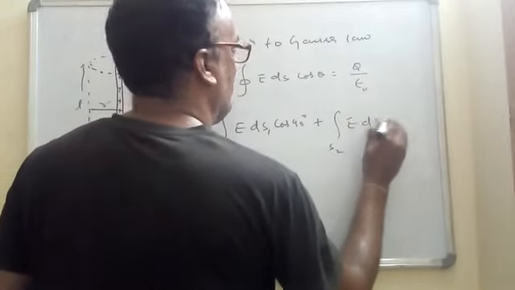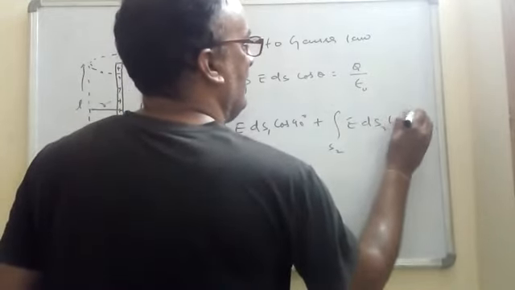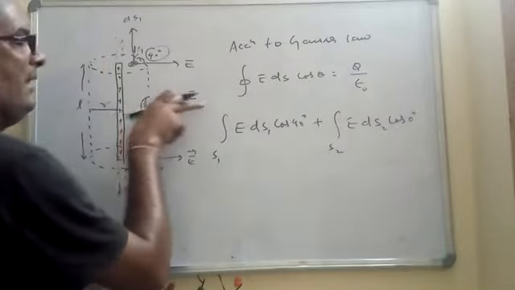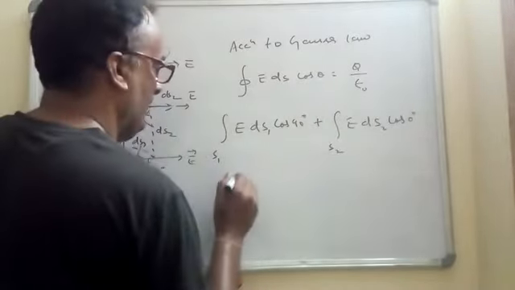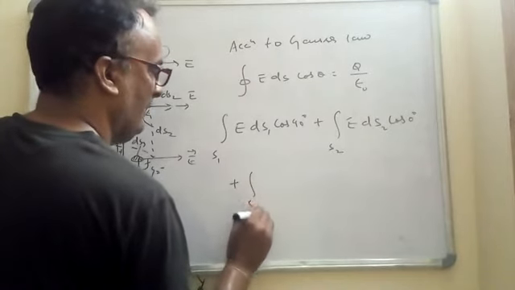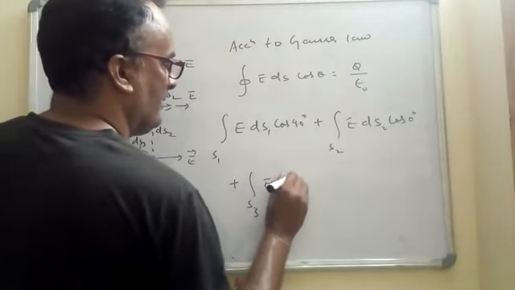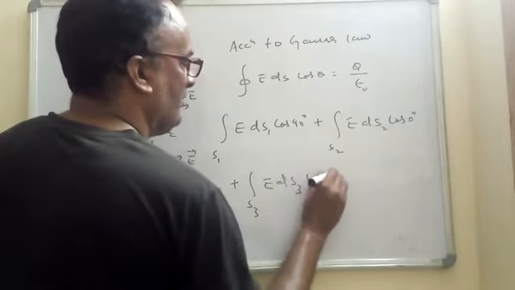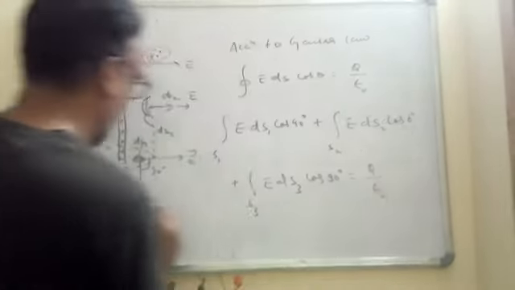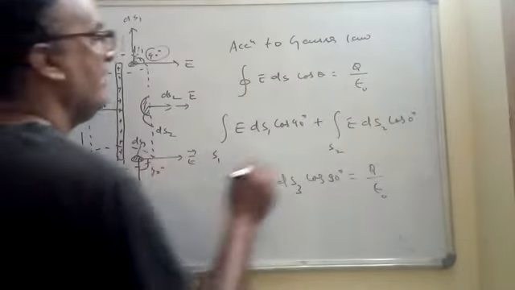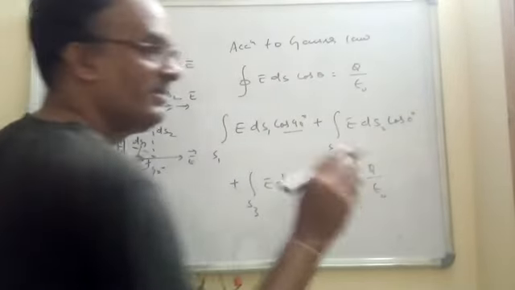E ds2 cos 0 degree. So you see ds2 and E, the electric field intensity, are in the same direction. Theta is 0 degree. Plus for S3, it is E ds3, and cos theta is again 90 degree, equals Q upon epsilon naught. You see, it is 90 degree, right? So this cos 90 degree becomes 0.